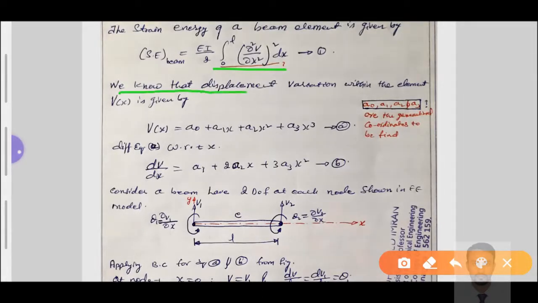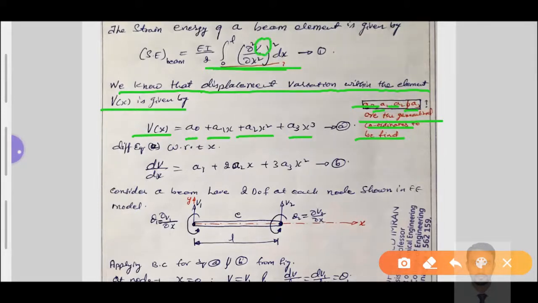We know that the displacement variation within the element, v of x, is given by a polynomial equation with respect to x: a0 plus a1x plus a2x² plus a3x³, where a0, a1, a2, a3 are the generalized coordinates to be determined. Now to find this value, we have considered the value of v.